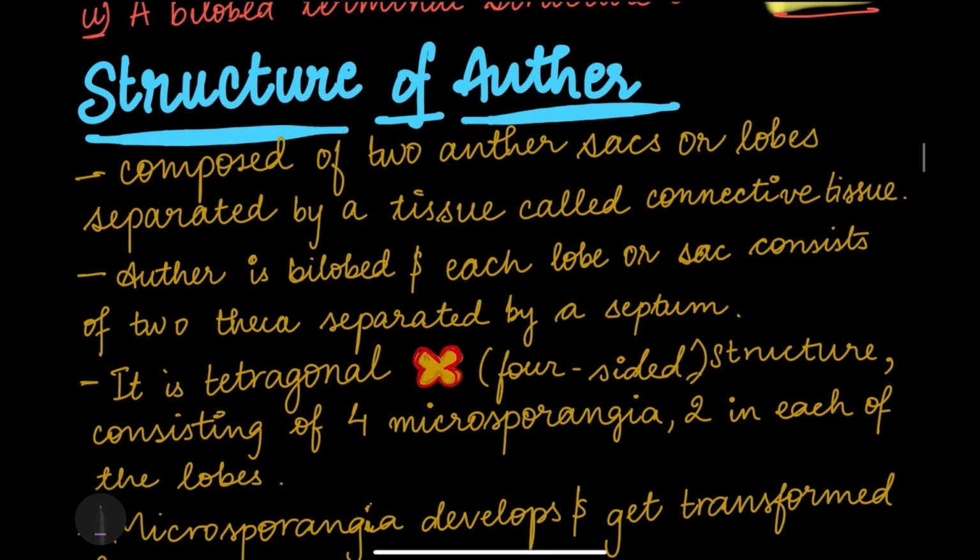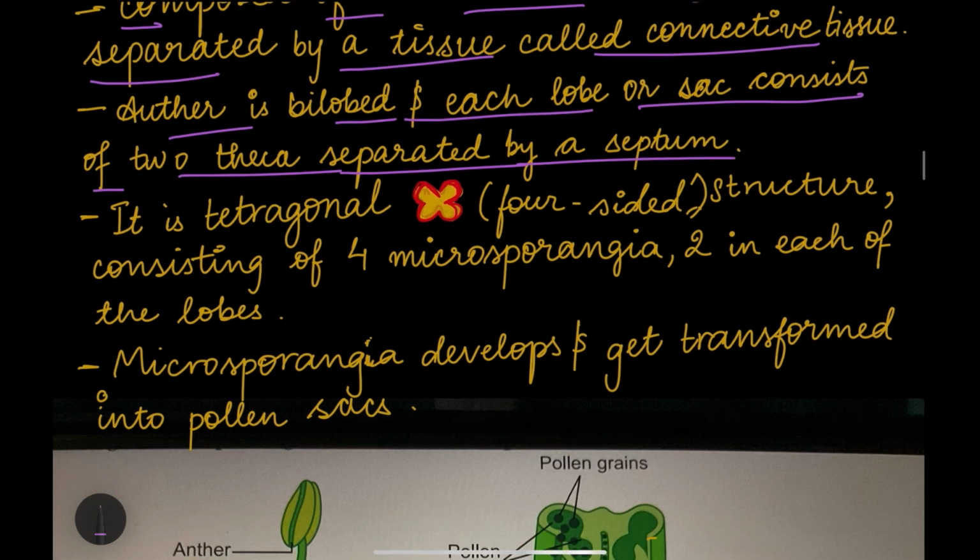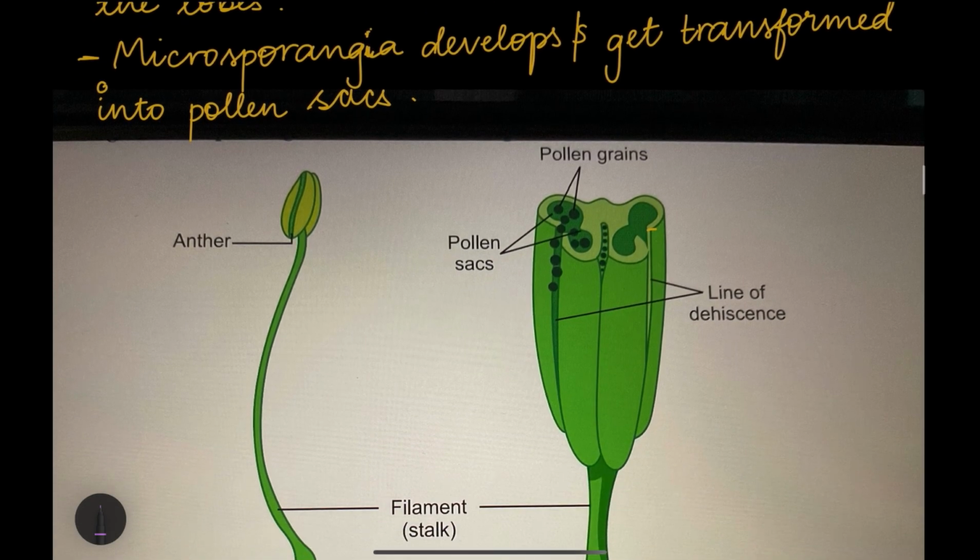Structure of anther: it is composed of two anther sacs or lobes separated by a tissue called connective tissue. The anther is bilobed, and each lobe or sac consists of two theca separated by a septum. You can see here, this is the anther part, this is the filament part.